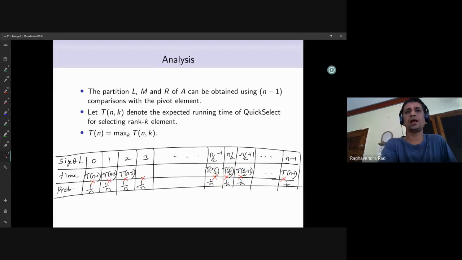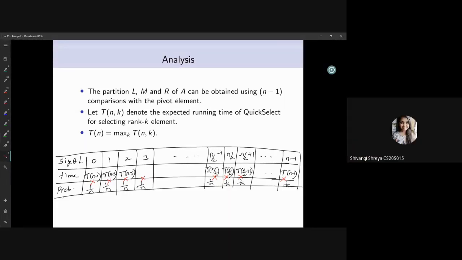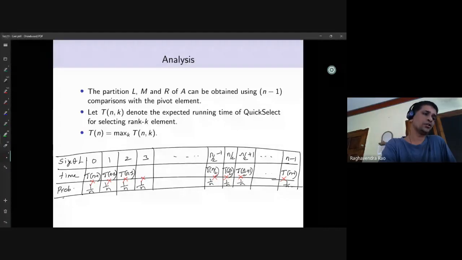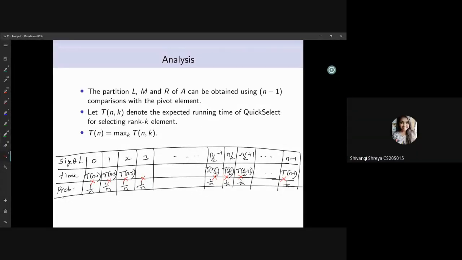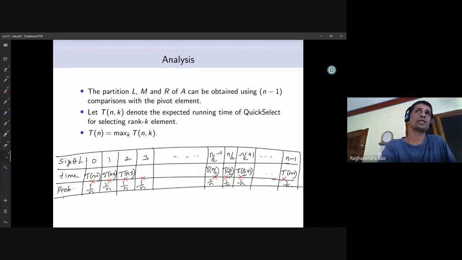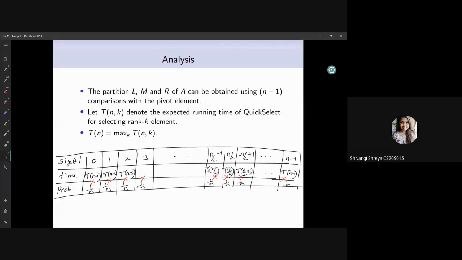So if the size of L is n by 2 minus 1, it's not sorted, and k we don't know. So in this case we'll assume that k is greater than n by 2. So you have to recurse on the right subarray whose size is n by 2. Okay, sir. Thank you.